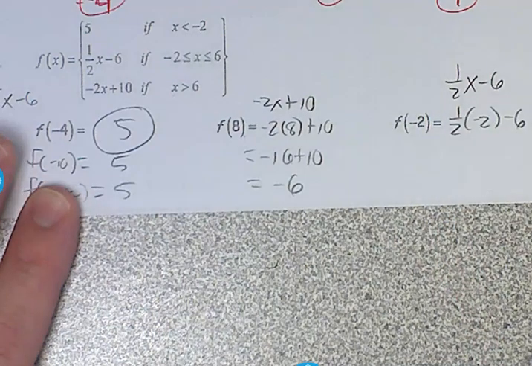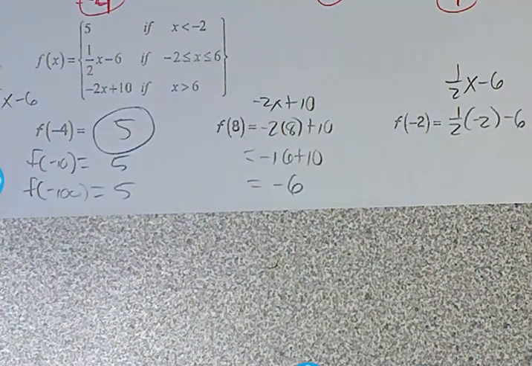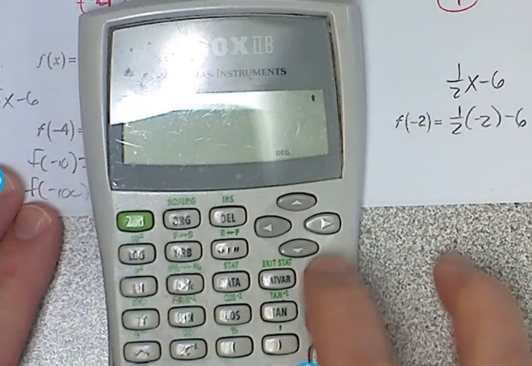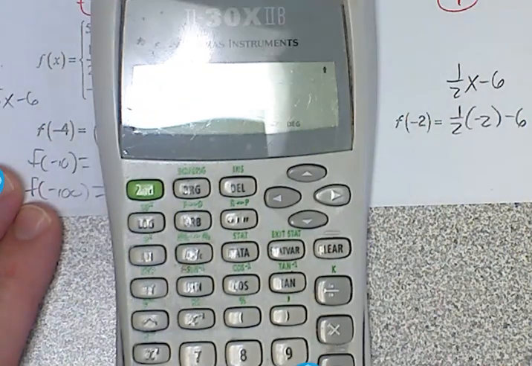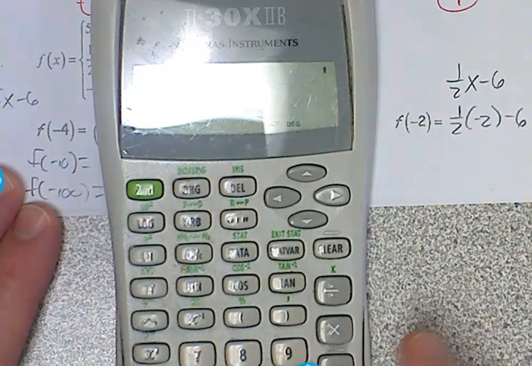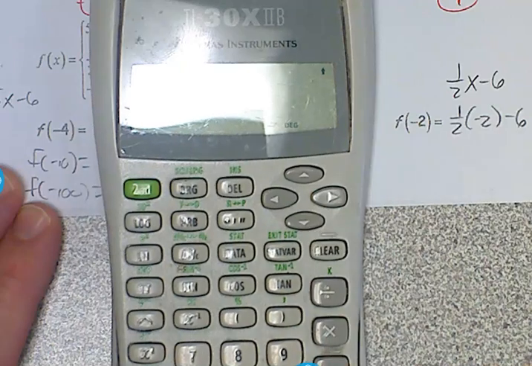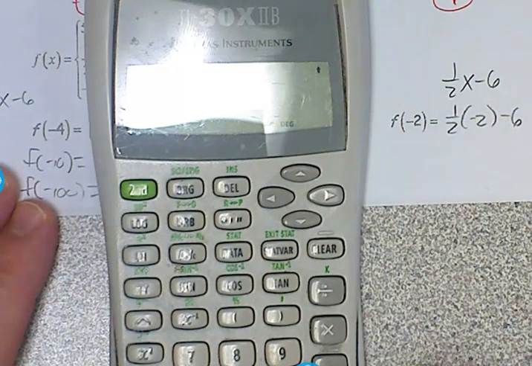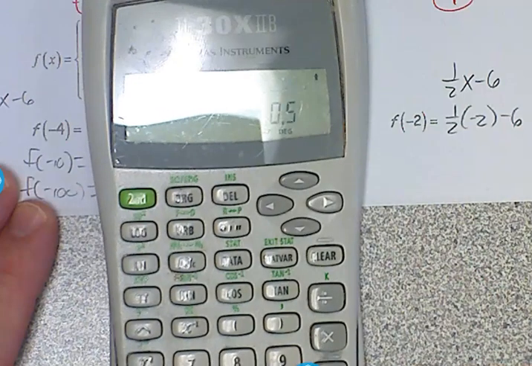For those of you that don't know how to use that with a calculator, we'll just show you real quick, using the one that I've got up there. Clear that out. So for that one, where you've got the fraction, let's see if we can make it work here. If it's a half times -2, I guess you could just change that to a decimal.